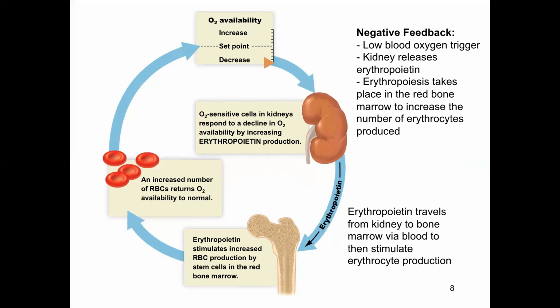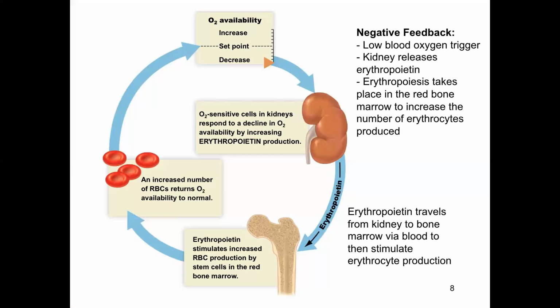And when those levels fall, those cells in the kidney are going to release a hormone. And we're going to talk a bit about this hormone later. This is one of the many hormones that you're supposed to learn in this course, but it's called erythropoietin, or EPO for short, okay?